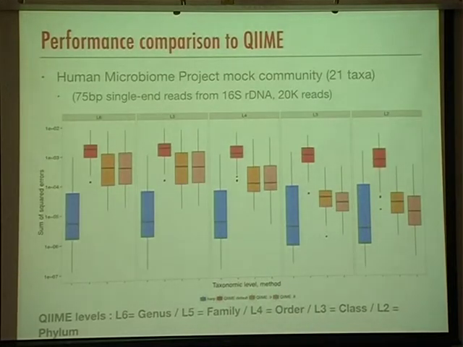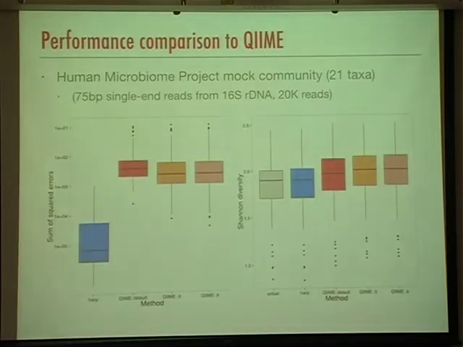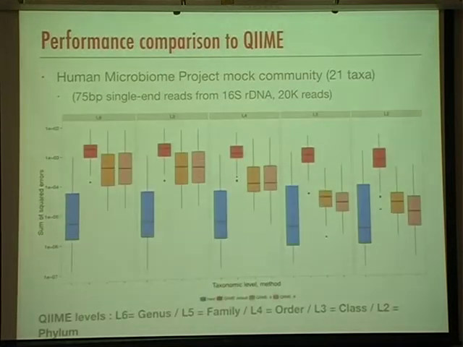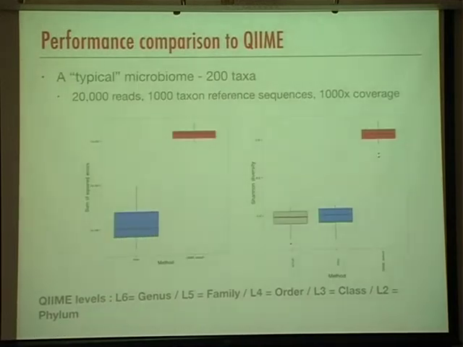Maybe we can get a sense of it. For the Shannon diversity, this is from the 21 taxa example, but I don't have the diversities. Oh, I do here. Diversity range of 4 to 5 for 200 taxa. That gives you a hint.